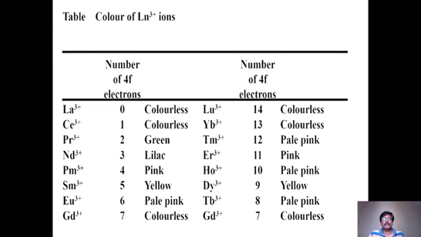And if you take lutetium, in that also all 14 electrons are present in the f orbital, therefore it is colorless again. And all the remaining ones have unpaired electrons, with the subshell not complete, therefore they exhibit colors.